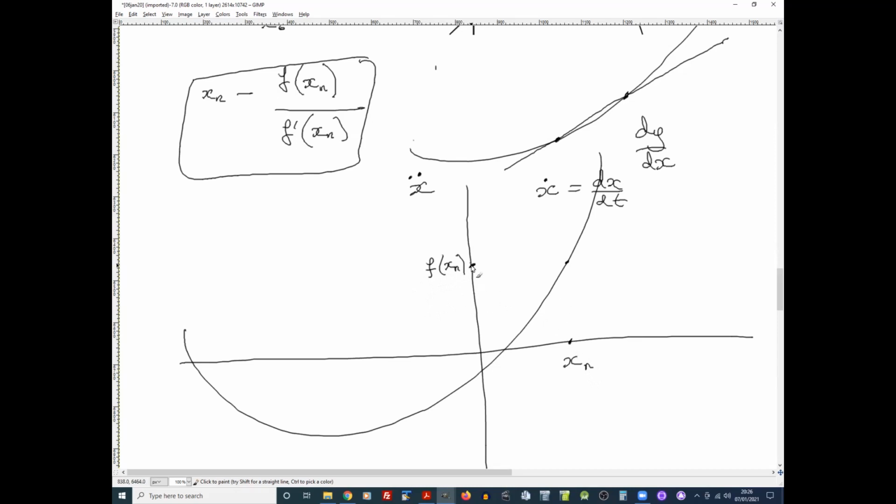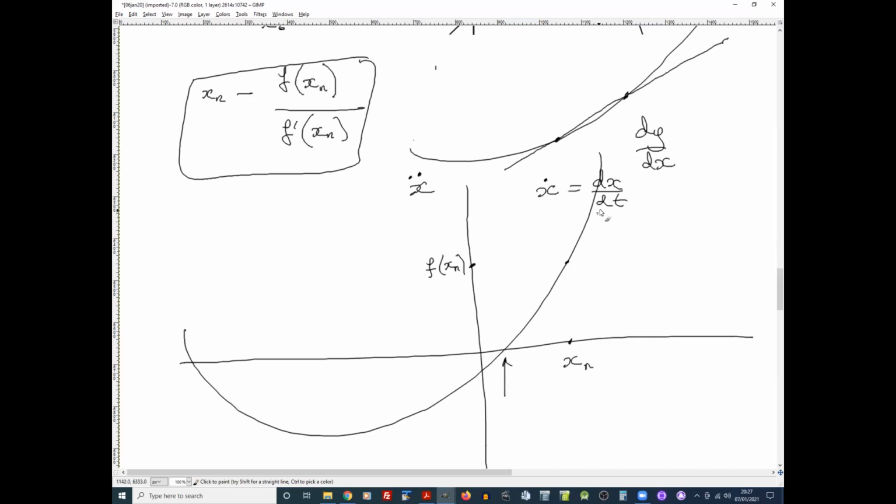So that's this height here. Now you want to get closer to here. This is the x value you really want, and this is where you are.